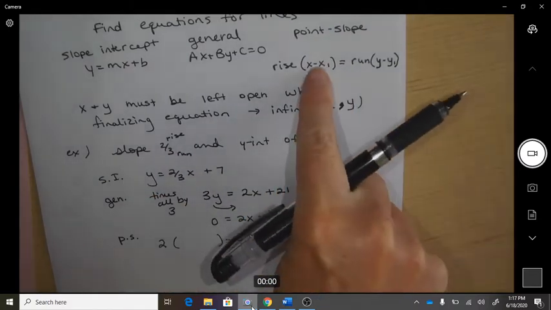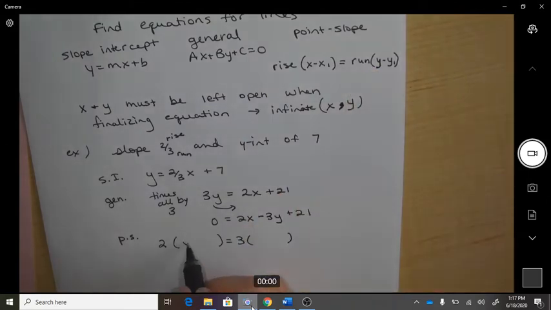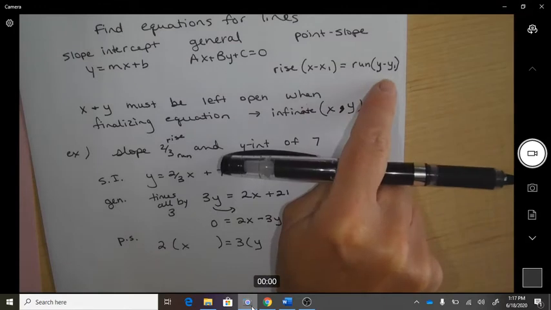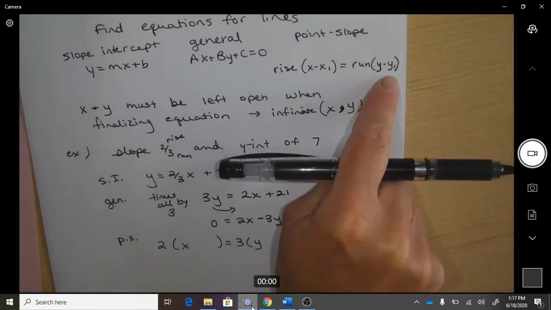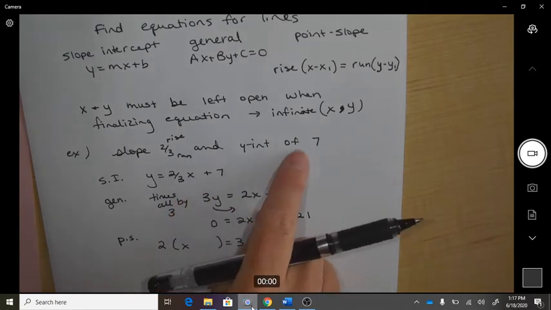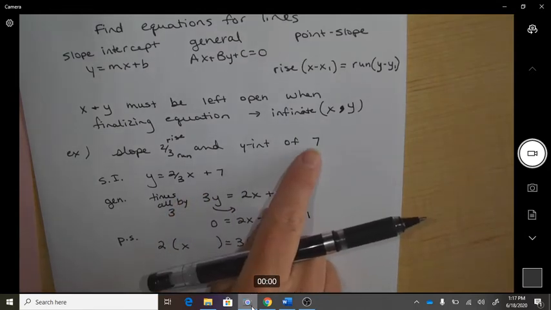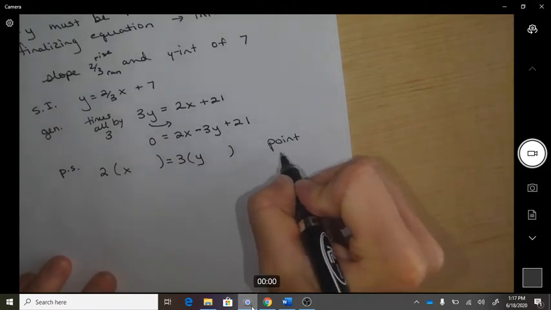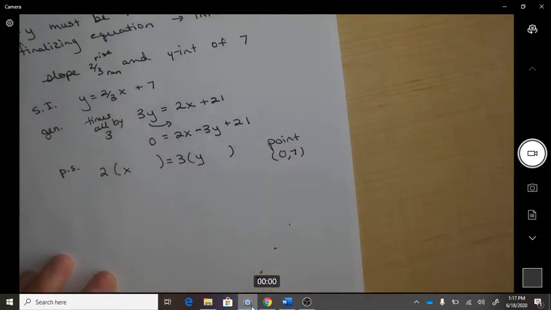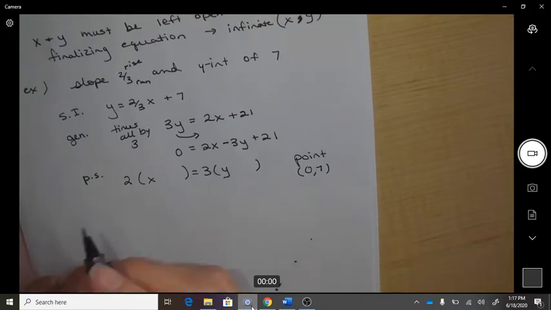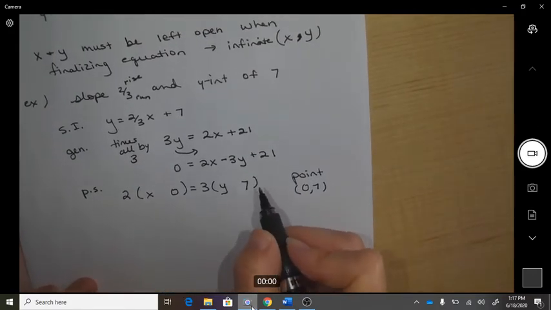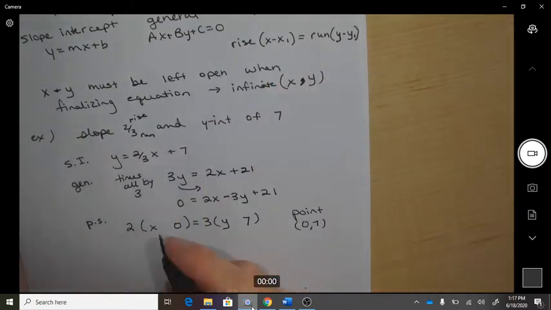So we're going to leave the x and the y's, and the x1 and the y1 would be any point you could plug in. So if I know this is a y-intercept of 7, what would the actual point be? I know the point 0, 7, right? So I'm going to plug in 0 here and 7 there, and then remember that the formula says to minus them.